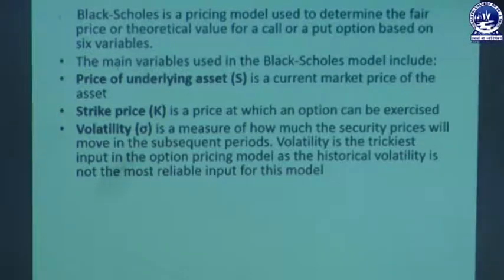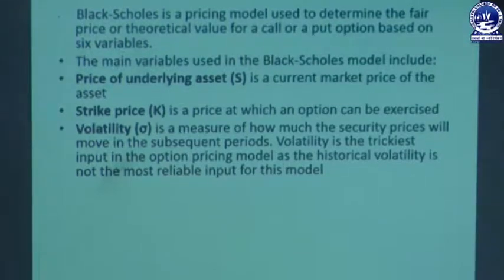This is an important factor when we are talking of options, or any investment or derivative or underlying asset. The volatility of the asset is the most important thing, and that is one of the variables in the Black-Scholes model.